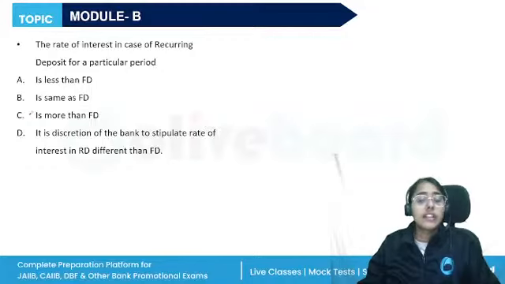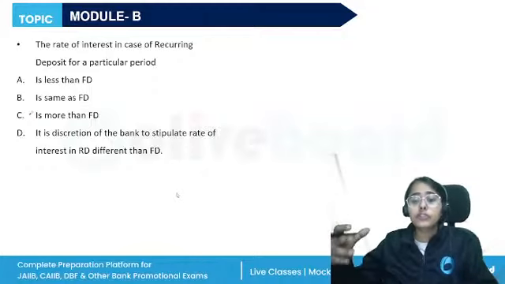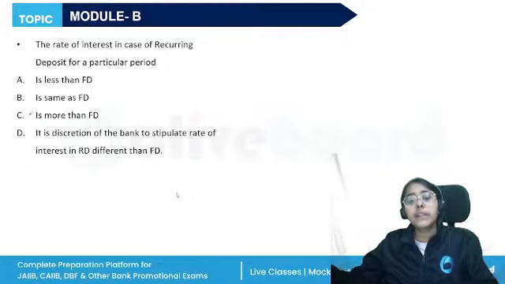Next, the rate of interest in the recurring deposit for a particular period. Now, what is a recurring deposit? It is when, let's say, a salaried individual wants to save a fixed amount every month, and at the same time wants to earn interest at the rate applicable to the fixed deposit. So it will be a contract between the customer and the banker.